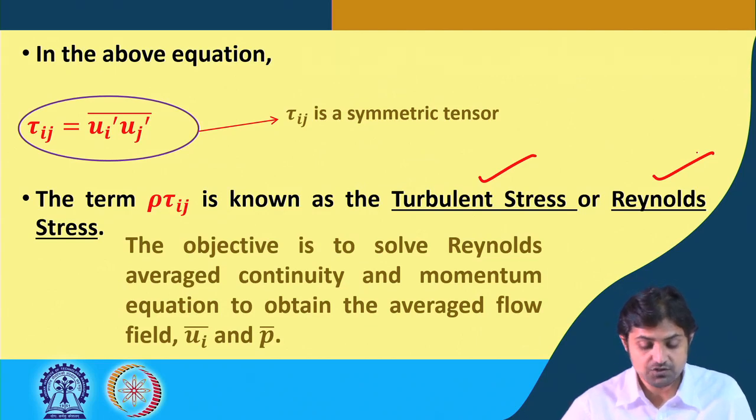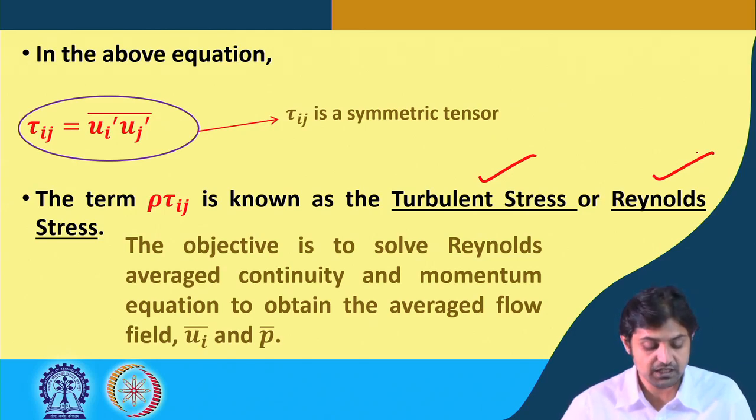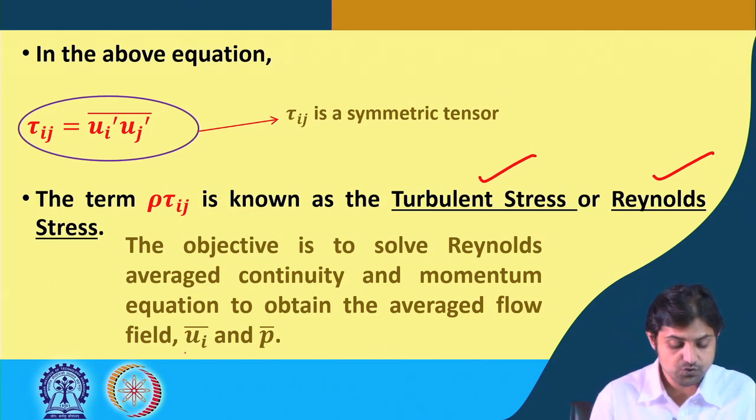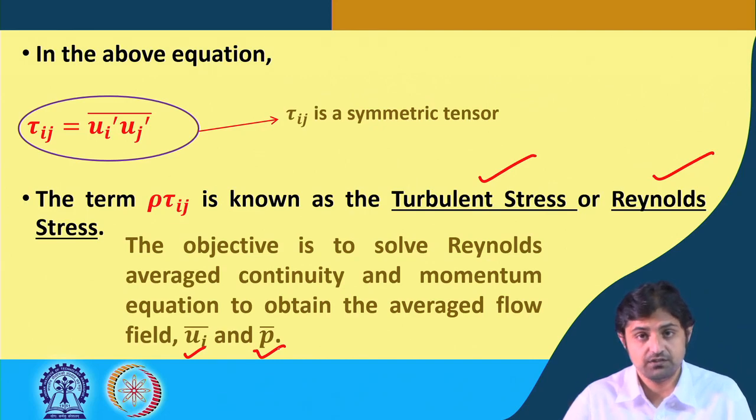The objective is to solve the Reynolds average continuity and momentum equations to obtain the average flow field ui bar and p bar. We want to find out the average quantities. That is why we do some turbulence modeling.